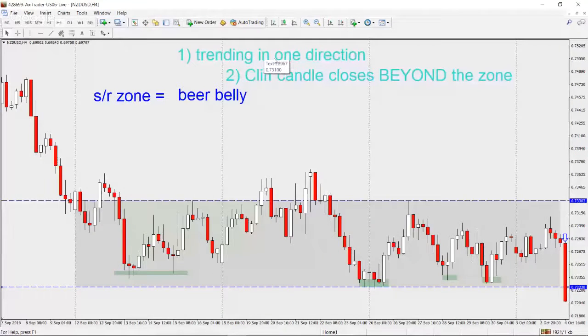It's not trending, which again, do as I say, not as I do. But I want to use this as an example just because the candles are so perfect. But it's got to be trending in one direction, and you're still trading in that same direction when you trade Acapulco. And then you need a cliff that clearly, obviously, and deliberately has breached that zone.